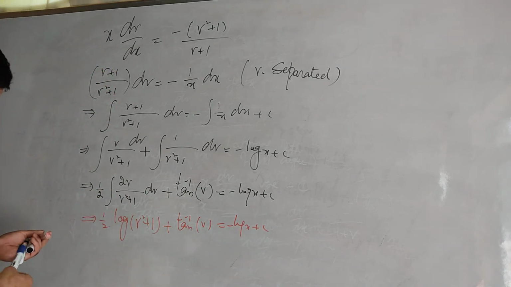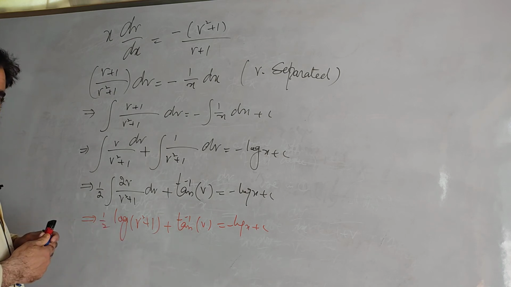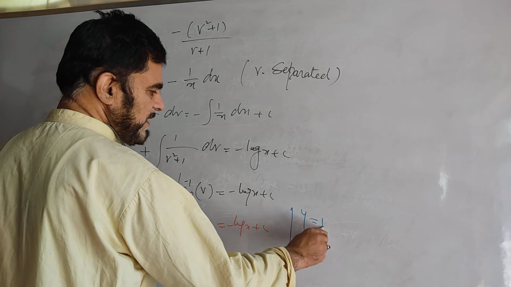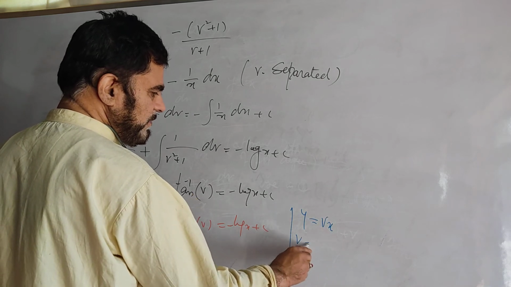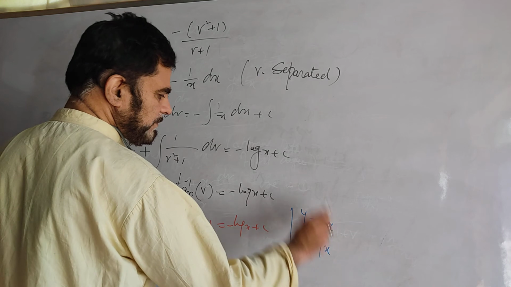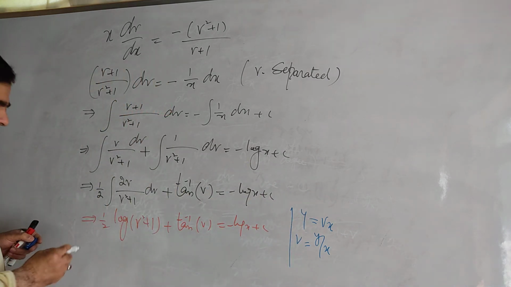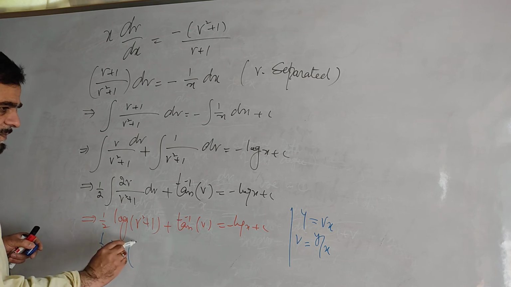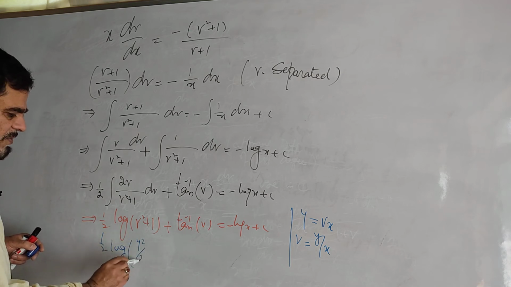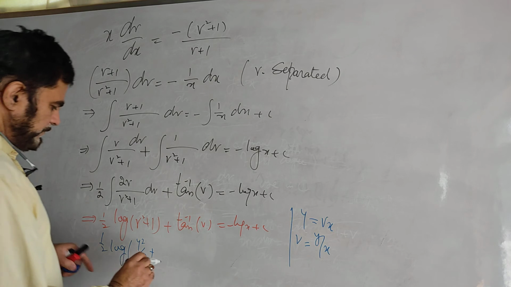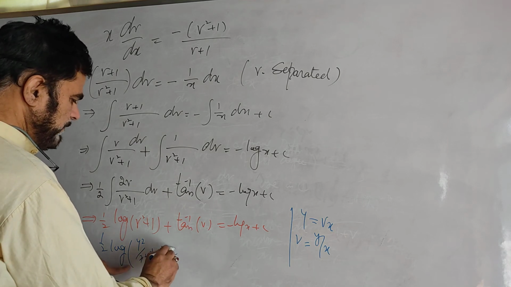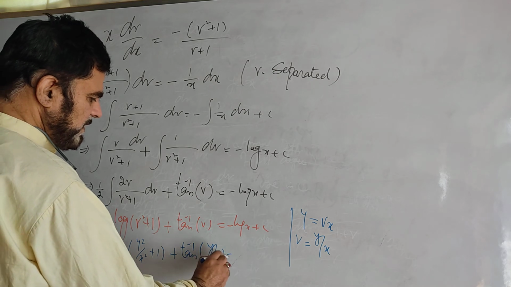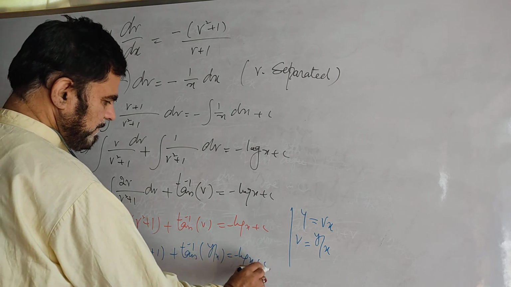Now give the value to v. You have put y is equal to vx there. Your substitution was y is equal to vx. Now your v will be y by x. Replace v by y by x, so that you will get 1 by 2 log of y square by x square plus 1, plus tan inverse y by x is minus log x plus c.